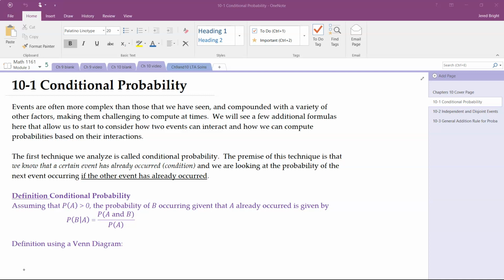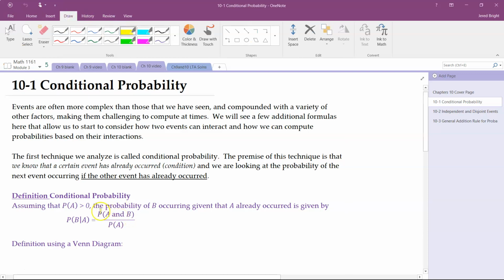And when we talk about that event that has already occurred, we call it a condition, something that we're conditioning upon. We're saying that this condition has happened, and given this, what is the probability of this other thing happening? And that is conditional probability. So we're looking at the probability that B occurs, given that A has already occurred.